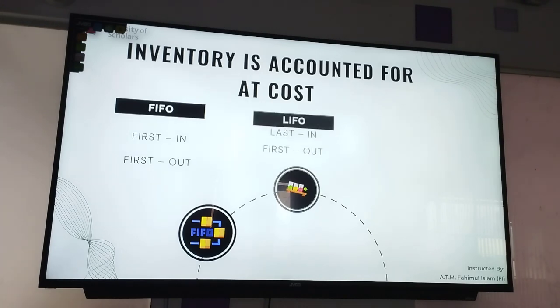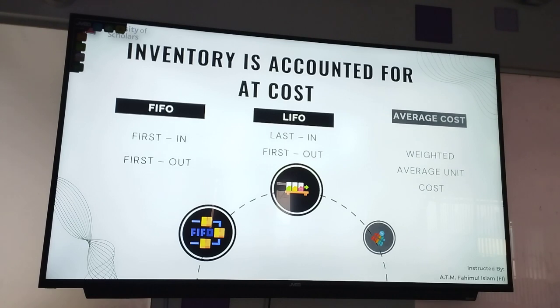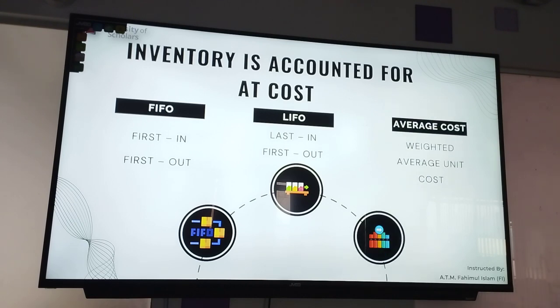But in the LIFO method, last in, first out, we usually do this kind of accounting for juices, for very low expiry date items. For example, if we sell yogurt that has only 3 to 5 days maximum expiry date, we want to sell them first even if they come in last. And in the average costing method, it is weighted average unit.